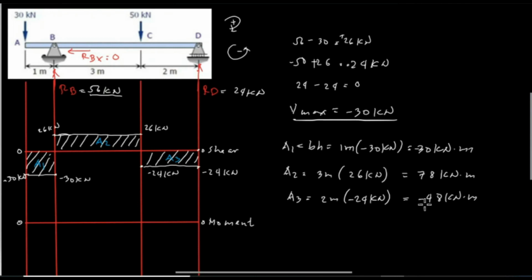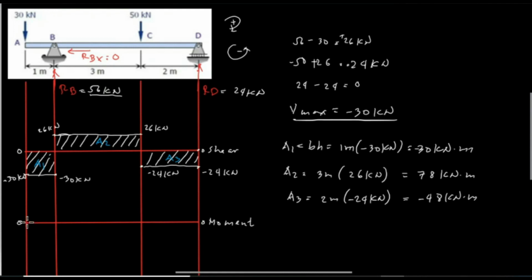So we have now computed the areas from A to B, B to C, and C to D. And then we plot from A, on the left, going to the right, to D. We need to have a value of 0 at point A, and the final value at point D is also 0.